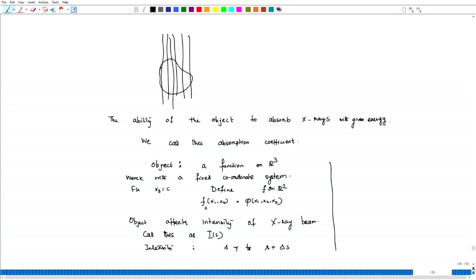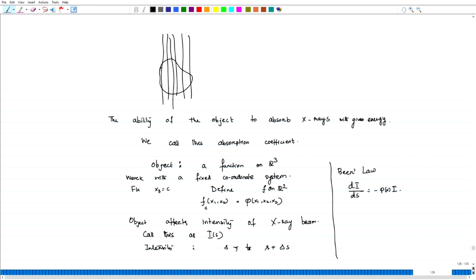For this we follow something called Beer's law, which says that dI/ds, the rate of change of the intensity, is nothing but minus phi of x times I. This is what Beer's law says. We have the change in the intensity.